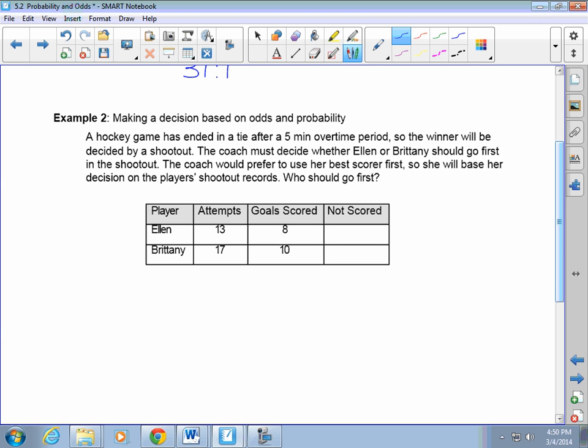So in order to do this, we have to take a look at the probability of them scoring. So there's two methods we could use. So method 1 is if we take a look at Ellen and we calculate her probability of scoring.